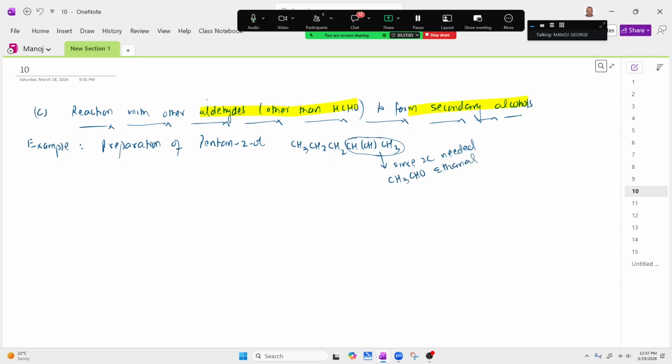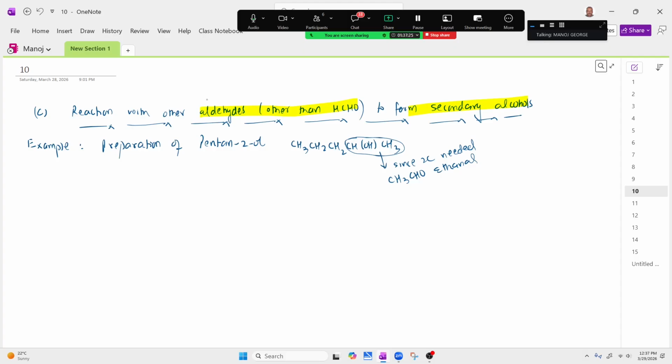It's a two carbon aldehyde. Did you understand how do I figure my aldehyde out? Because I look at CHOH and then I look at how many carbons are on the right side. I see there's a total of two carbons involved, which means my aldehyde is two carbons. If I had three carbons, I would have taken propanal. If there were four carbons, I would have taken butanal.